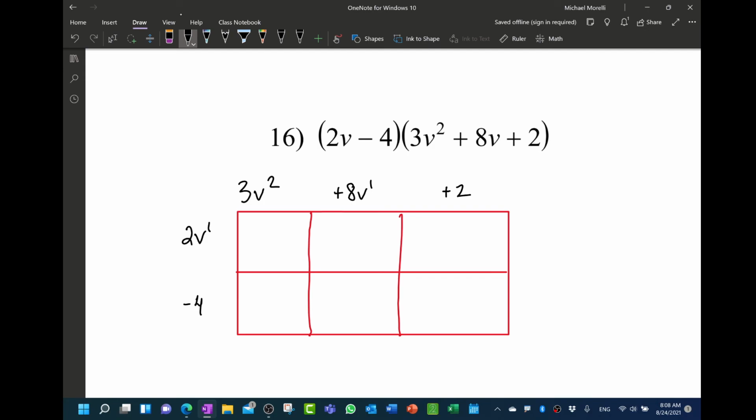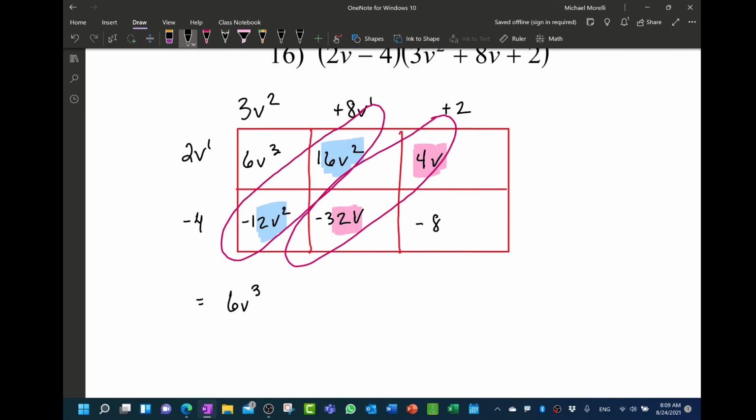So we always lead with the greatest exponent. So when we write it out, we're going to start with 6v cubed. And now we'll just write it out. We'll simplify it later.